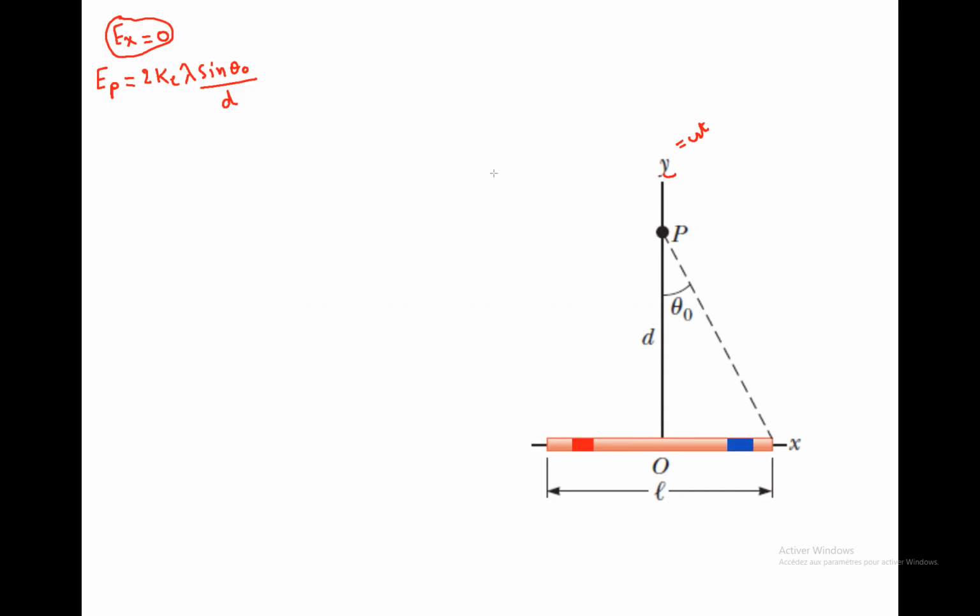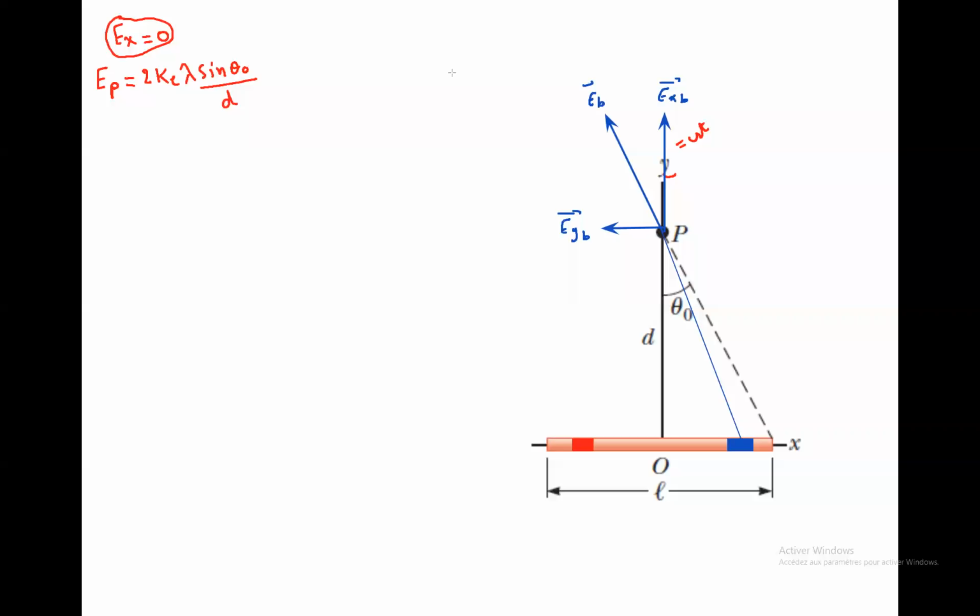The blue one, this small dq, creates at the point P a field E. We can say here E has two components, EY and EX. Here we have EX for the blue, and here we have EY blue, and here we have E blue.